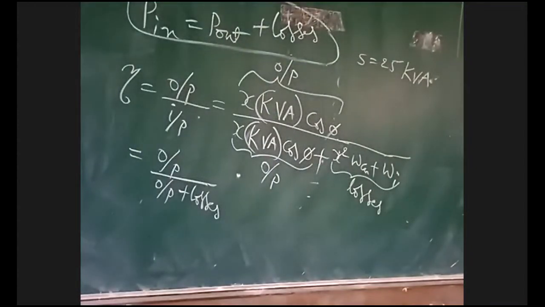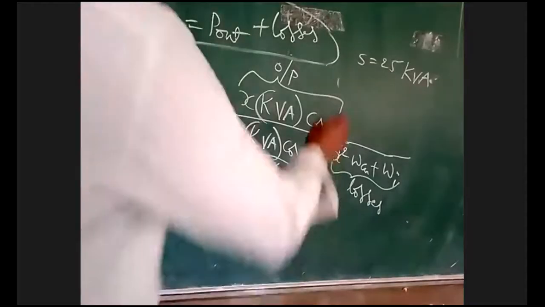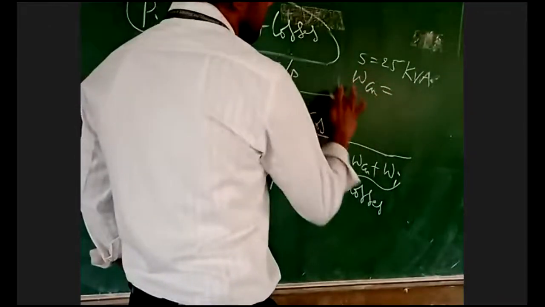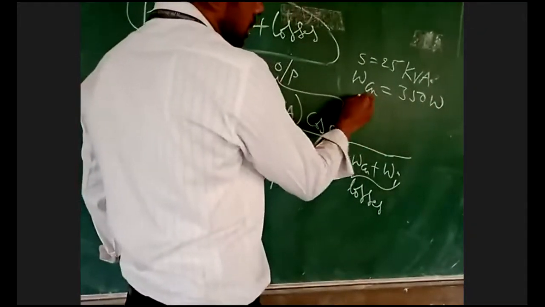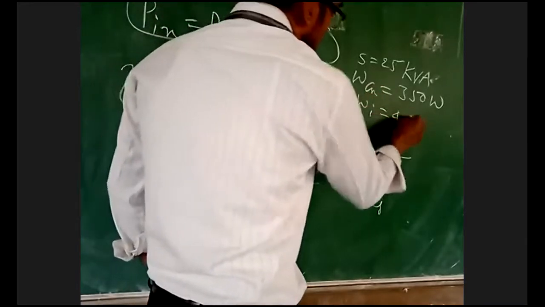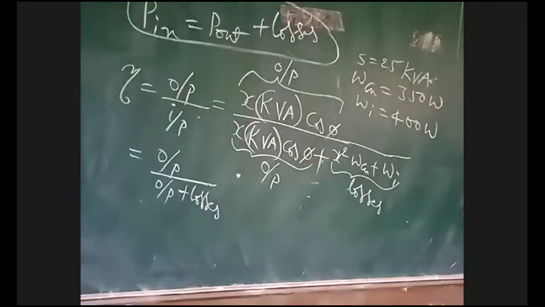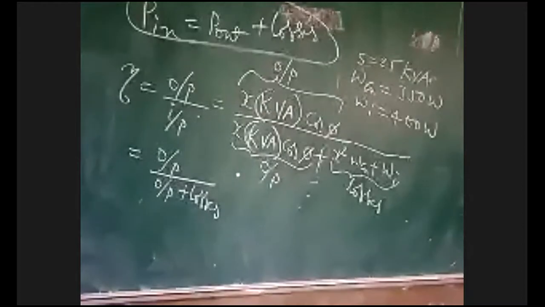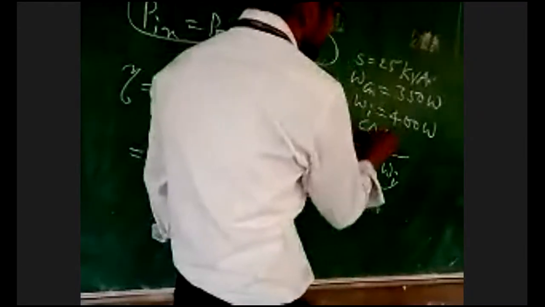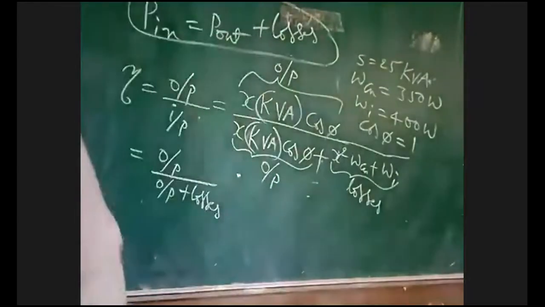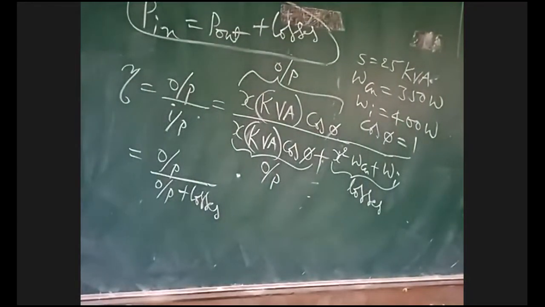What is the copper loss? 350 watts, and iron loss is 400 watts. This is the data they have given. Now, what is cos phi they are giving? Unity power factor, cos phi is 1.